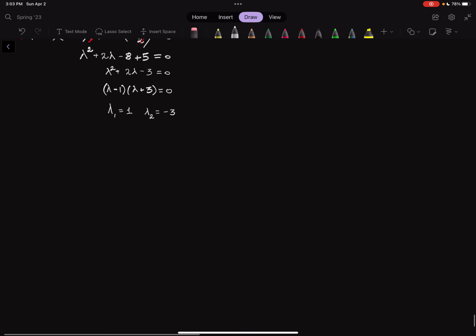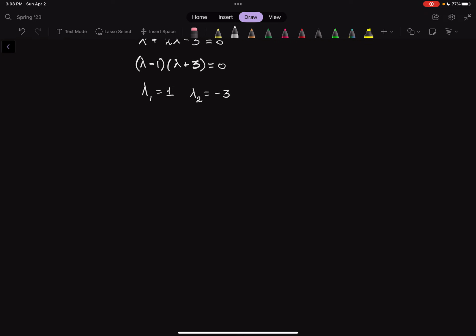So we want to plug the eigenvalue back into this. We want to find the eigenvector, right? So we want to find this. Sorry. We want to find, for each eigenvalue, the k.